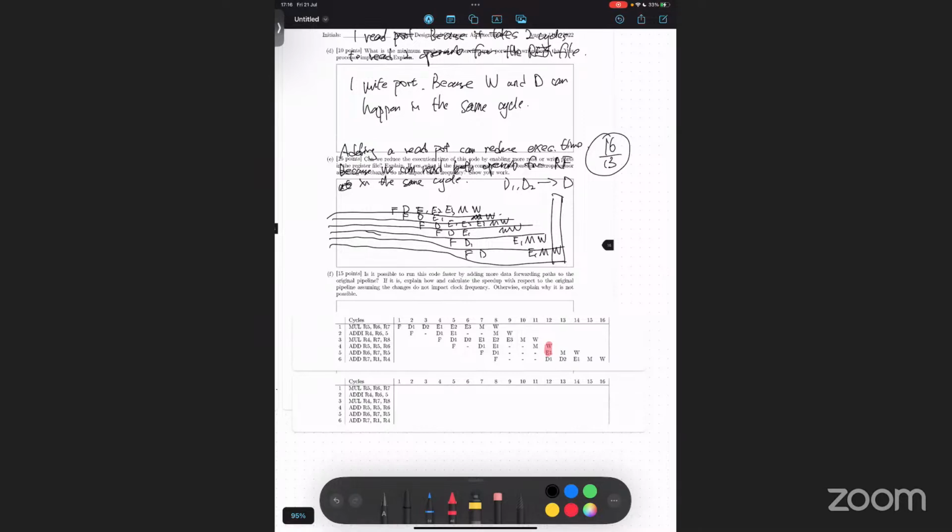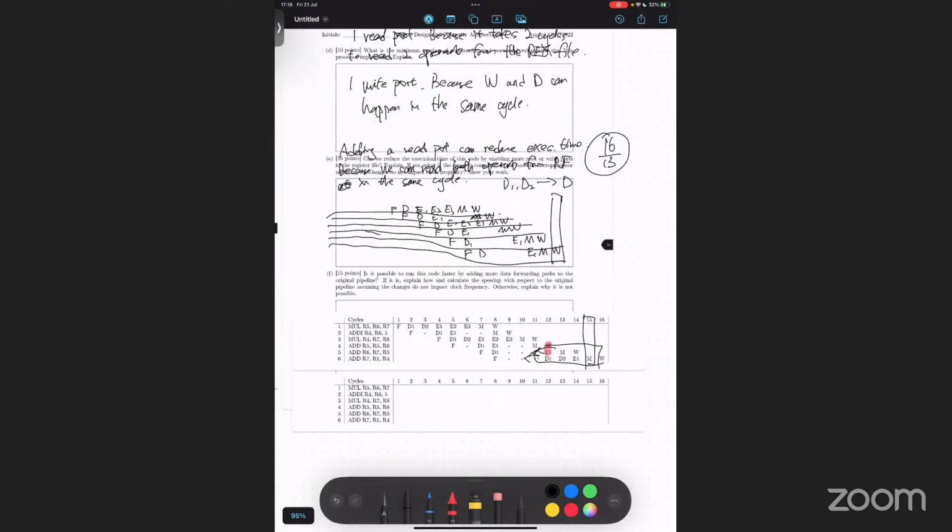But here we can actually start forwarding just from the memory stage, because our code doesn't involve any memory instructions. So the memory stage basically does nothing. So we can basically just move all of these parts one cycle ahead, and this leaves an execution time of only 15 cycles.